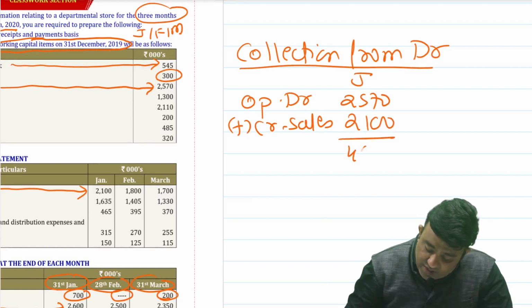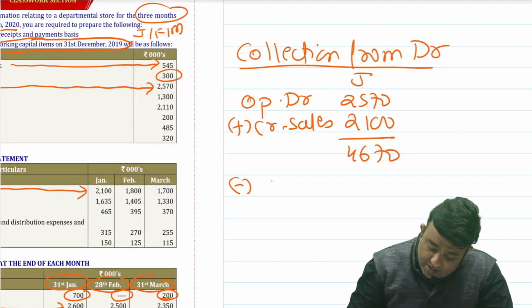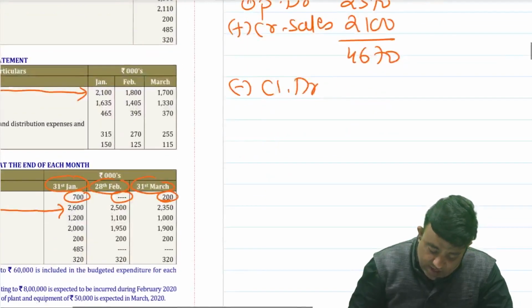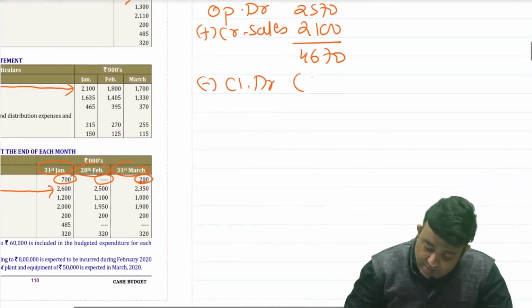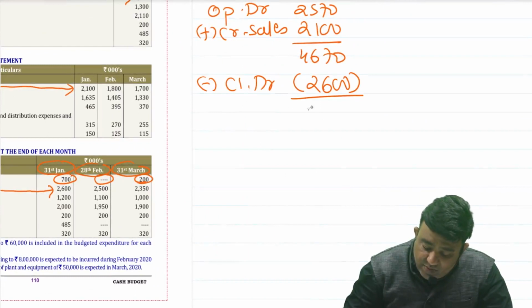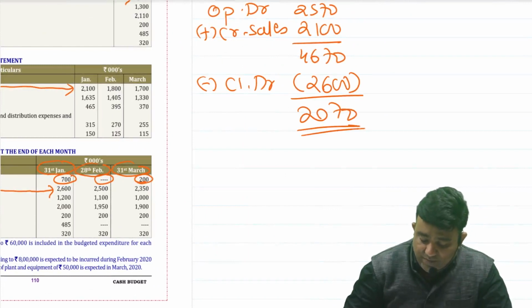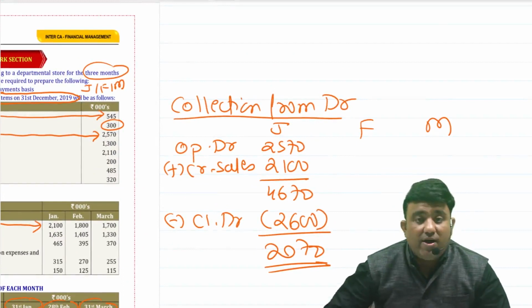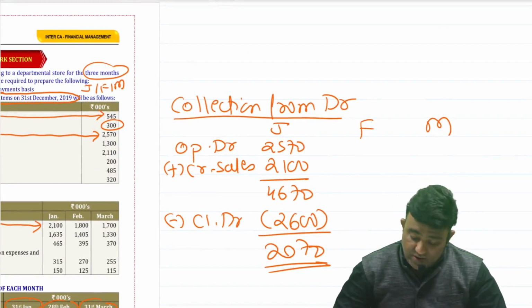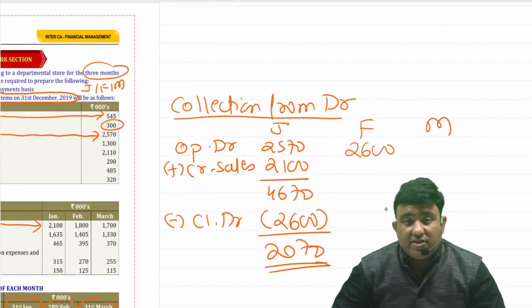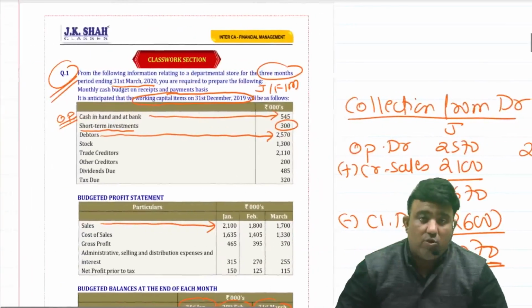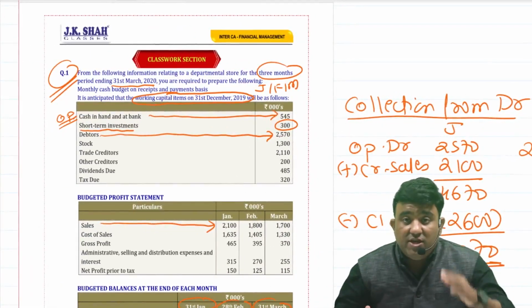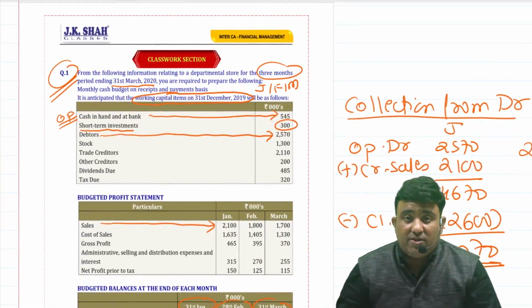So there is 4670 minus closing debtors. You can target this 2600. So my collection will be 2070. This is my receipt. And same way I can prepare January, February and March. This will become opening and again sales, again closing and so on. I will be able to derive my collection. The effect will be given in the receipt side.